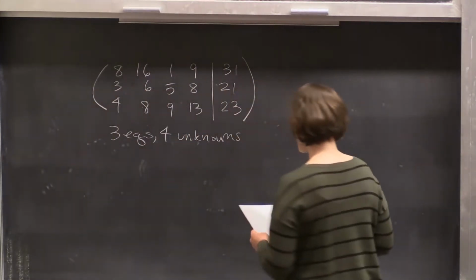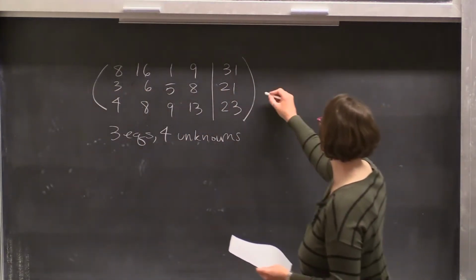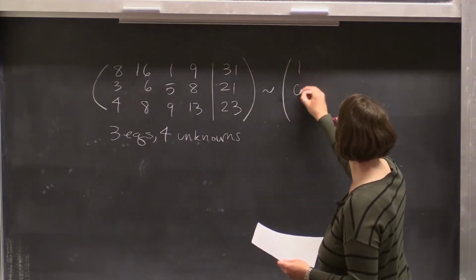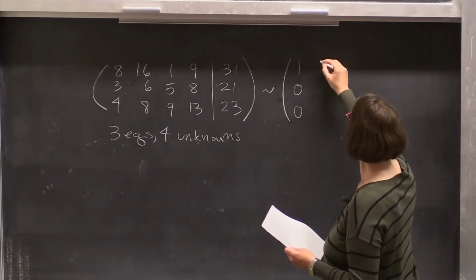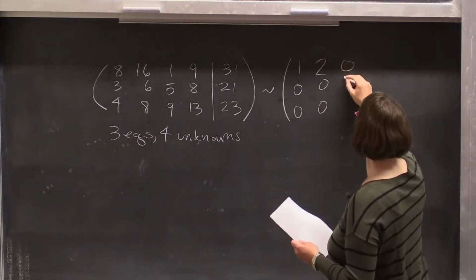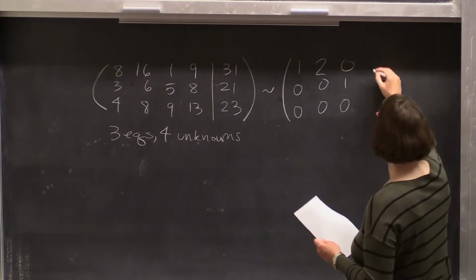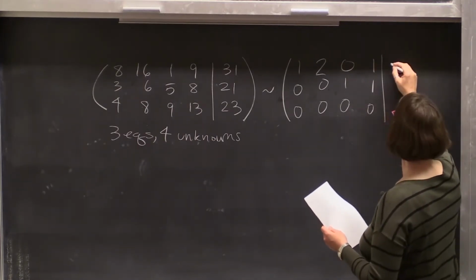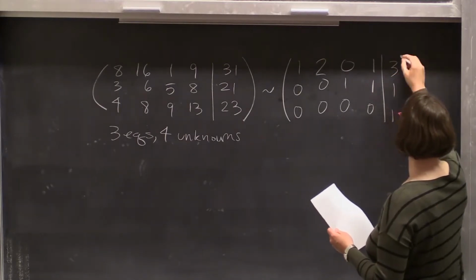We do row operations on this matrix, and we find that this matrix is equivalent to the matrix 1, 0, 0, 2, 0, 0, 0, 1, 0, 1, 1, 0, 3, 1, 1.